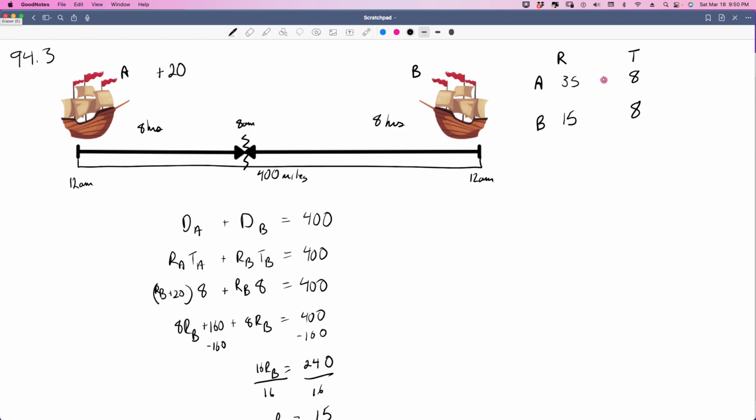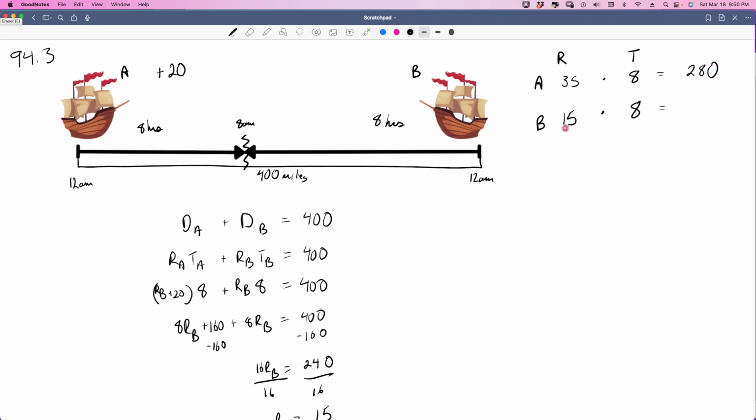Now we can find the distance that each one traveled. So I can say that 35 times 8, that's going to be, oh goodness, I can't do it in my head. Yes, I can. 8 times 30 is 240, 8 times 5 is 40, so 240 plus 40 is 280.